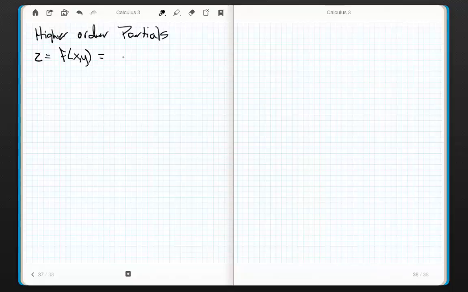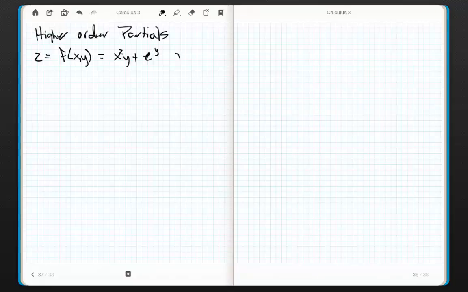Let's call this, how about x squared y plus e to the x y. Okay, let's do that. No, let's just call it x squared y plus e to the y, just cause. Okay. All right. What's the domain of this function?